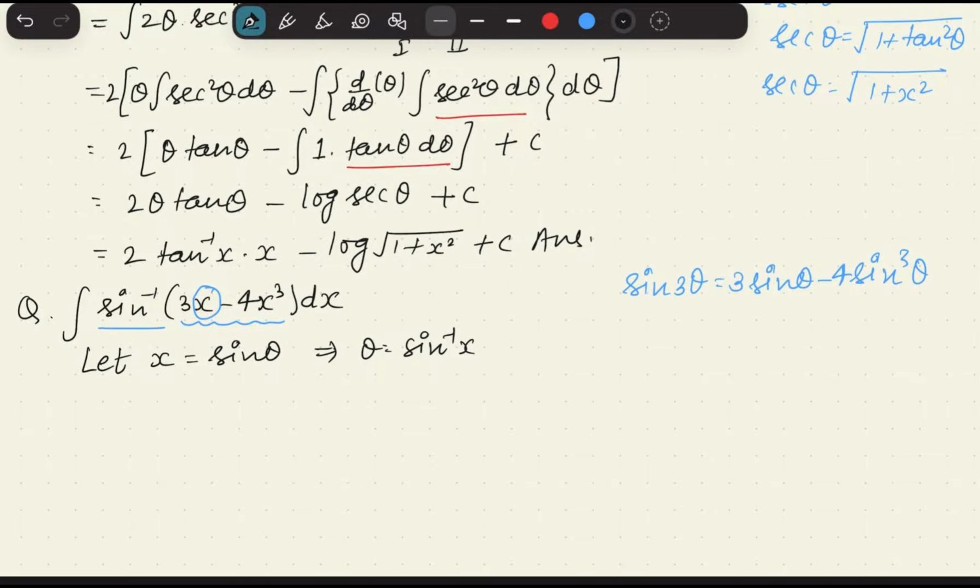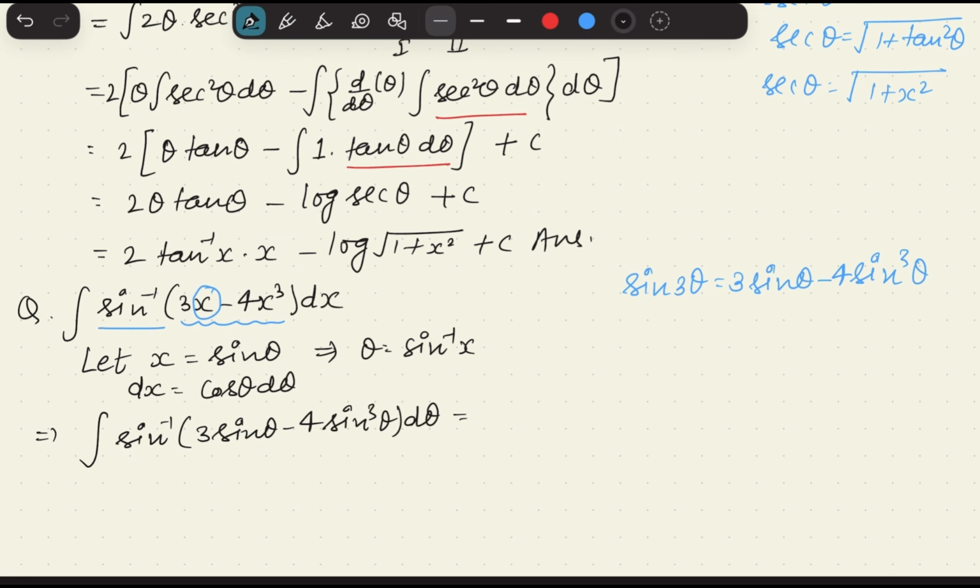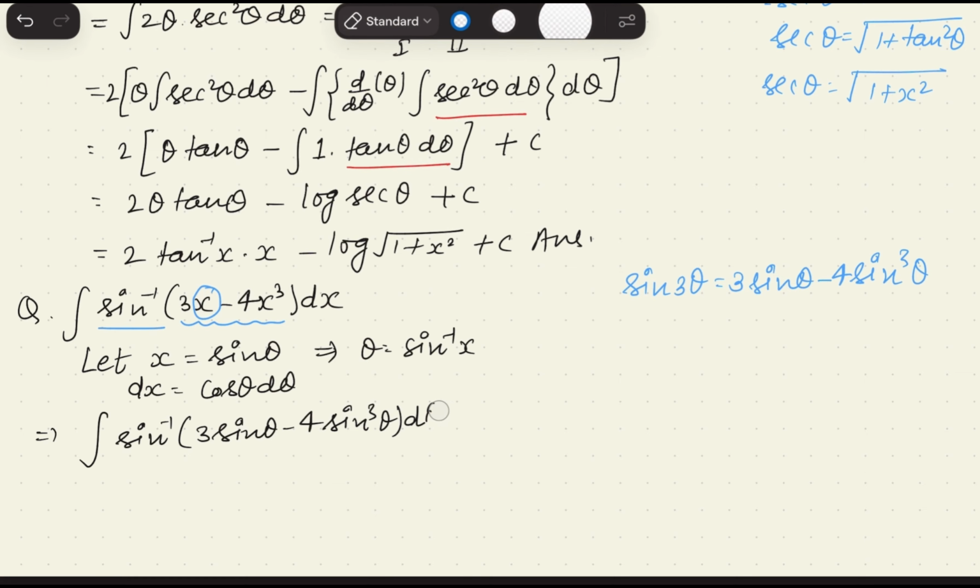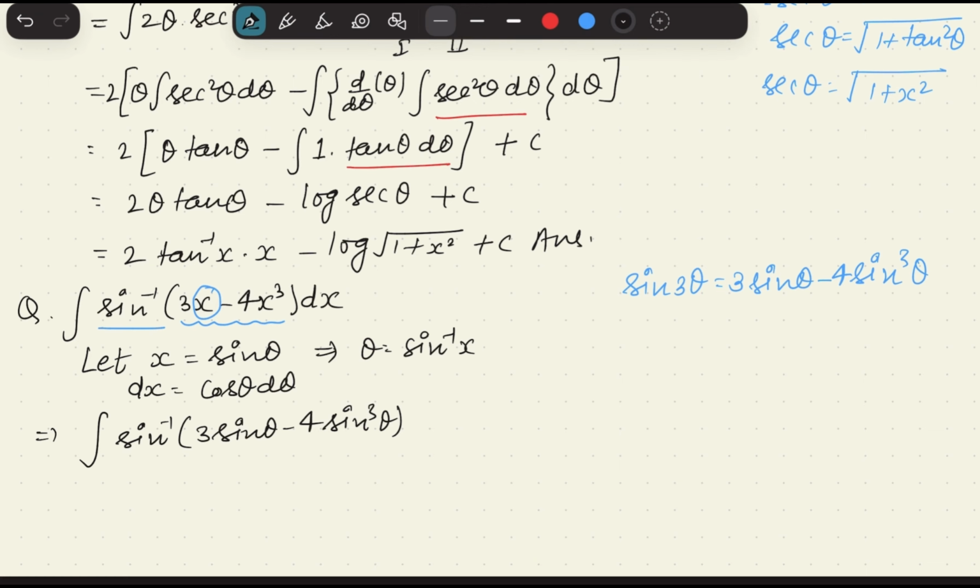But here dx is equal to cos theta d theta. After replacing these values in our integral, we will get sine inverse of (3 sine theta minus 4 sine cube theta) into dx, and this dx is cos theta into d theta.